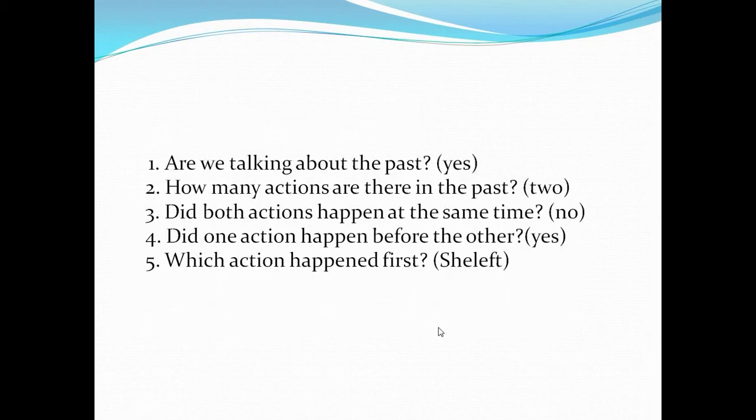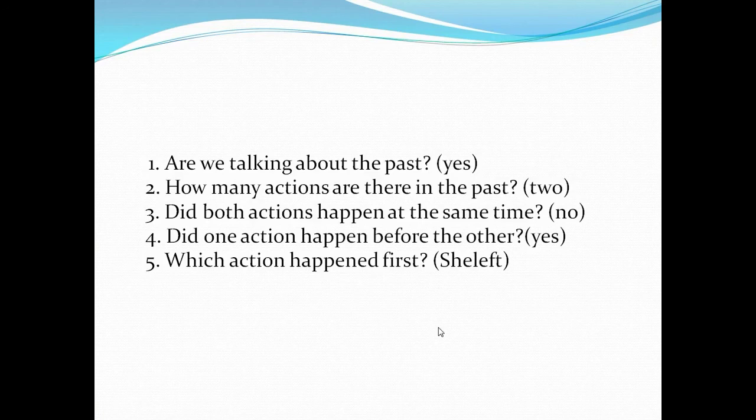So هنا كاينين بعض لي questions. Are we talking about the past? Yes, of course, لأنه past perfect. How many actions are there in the past? Two. جوج ديال لي actions جوج ديال الأحداث.